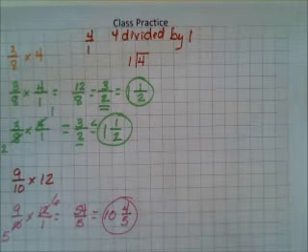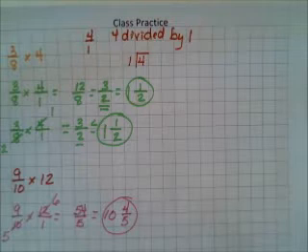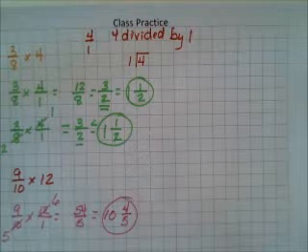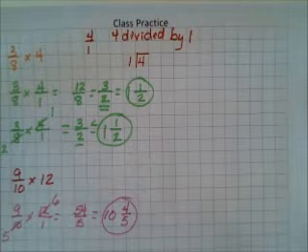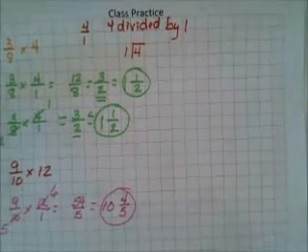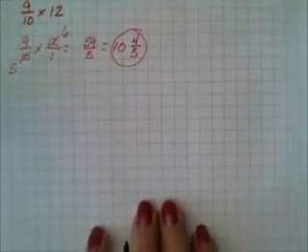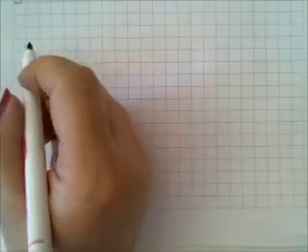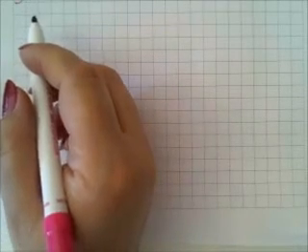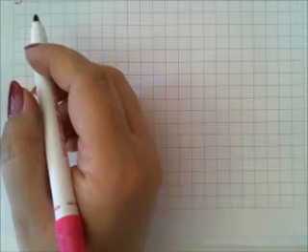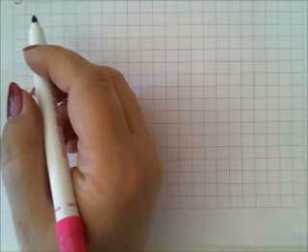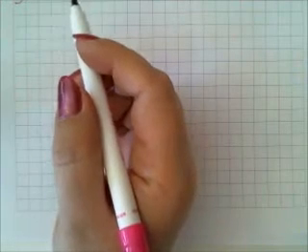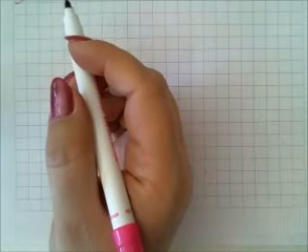So we are going to move on now to multiplying a fraction by a mixed number. All right, let's move this baby up. When we multiply a mixed number and a fraction, we keep our fraction the same, but you can't multiply a mixed number by a fraction.